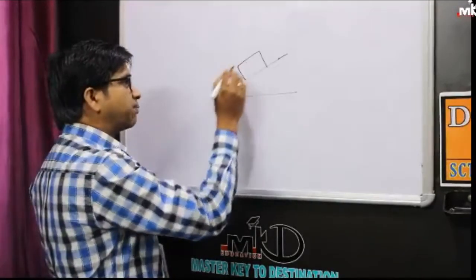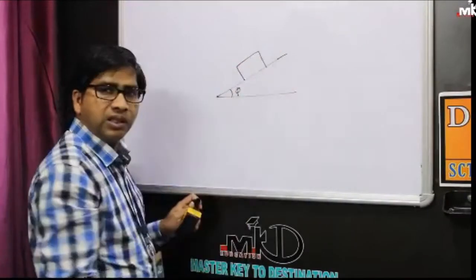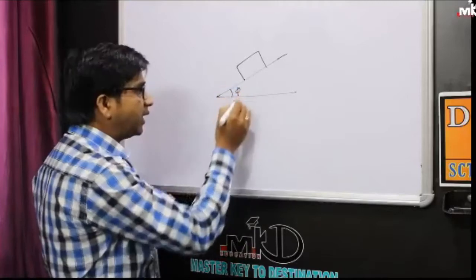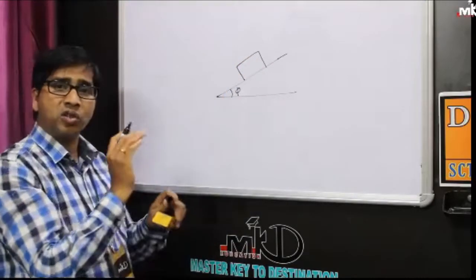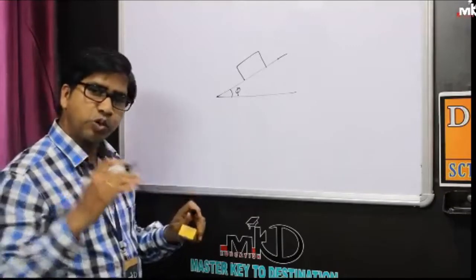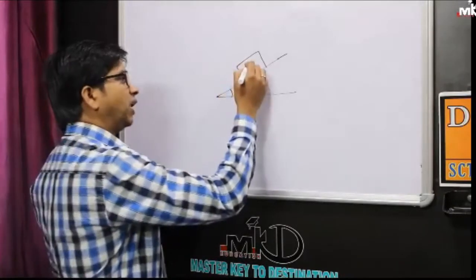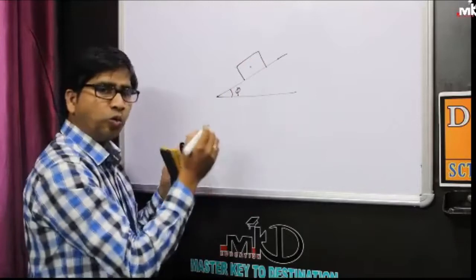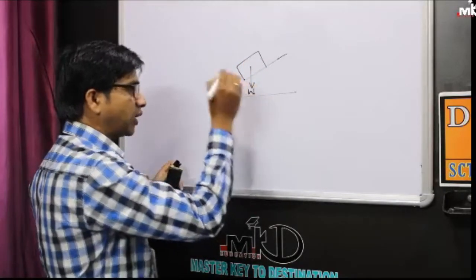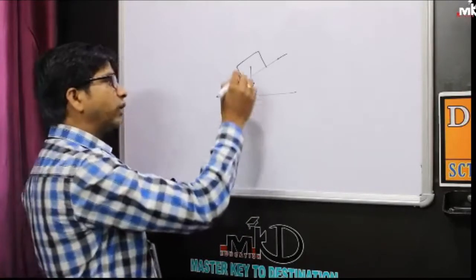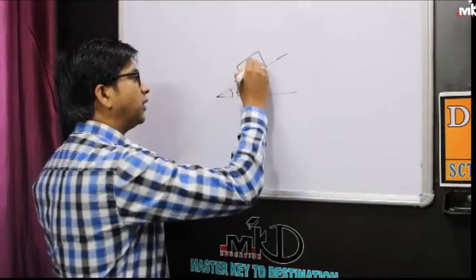Whenever the body is placed over this plane and this plane makes angle phi with the horizontal, the body just starts to slide because of its own weight. Remember, the body is slipping downward because of its own weight. Suppose the weight is W, which is acting vertically downward. So W will have two components.